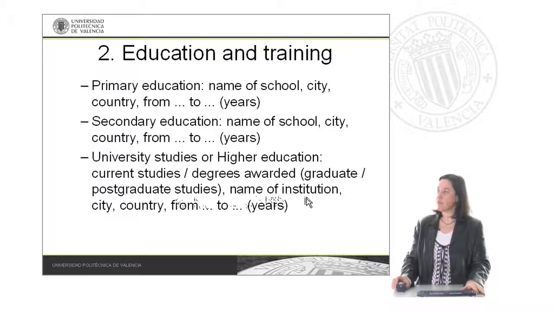We have to specify the name of the institution that awarded the degree, or where you are currently studying, the city where that institution is based, the country, and as well as we said before, from X year to Y year.